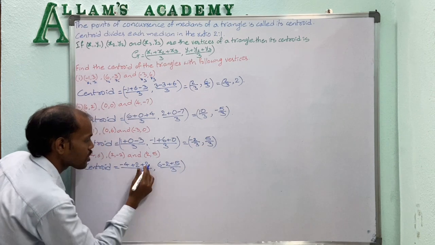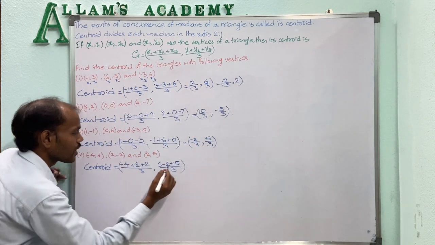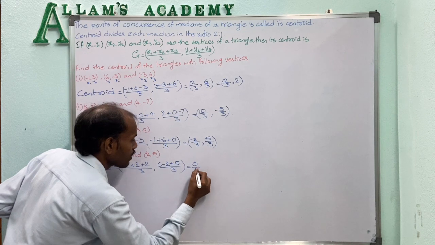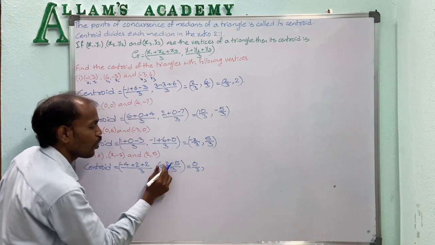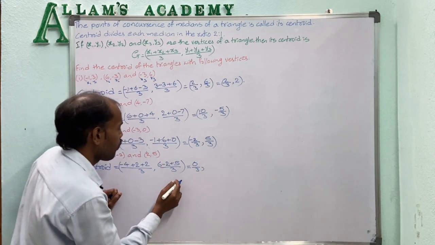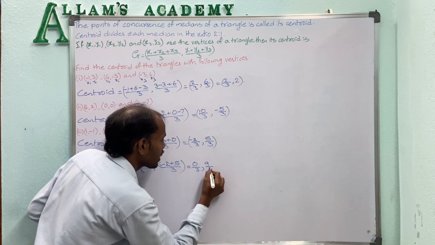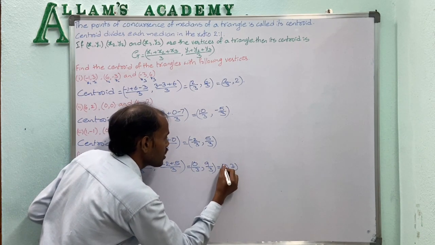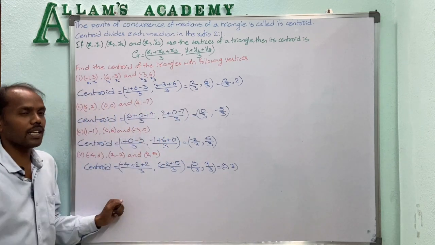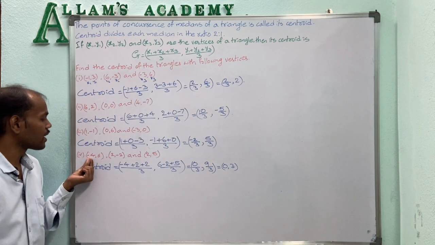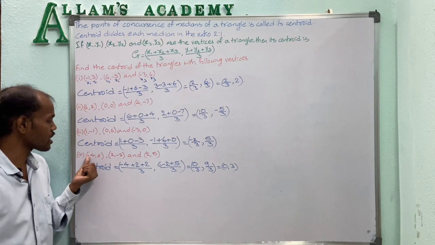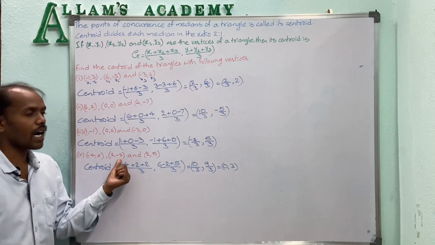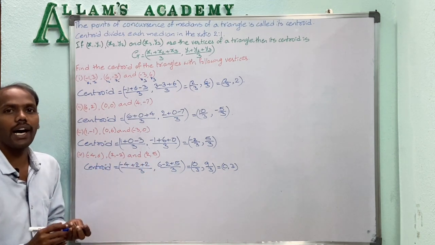So 2 + 2 is 4, minus 4 that is 0 by 3. 6 - 2 is 4, 4 + 5 is 9 by 3. So 0 by 3 is equal to 0, 9 by 3 is 3. So (0, 3) is the centroid for the triangle formed by the vertices (-4, 6), (2, -2) and (2, 5).